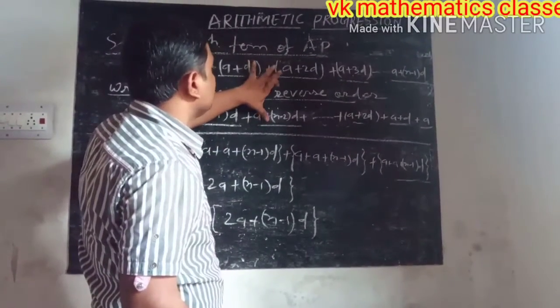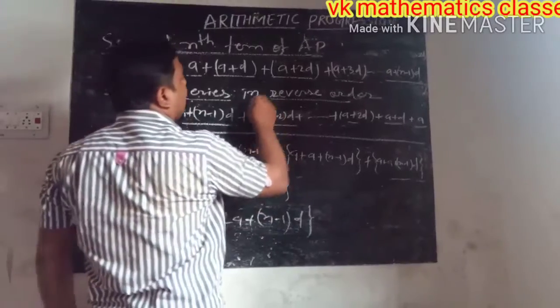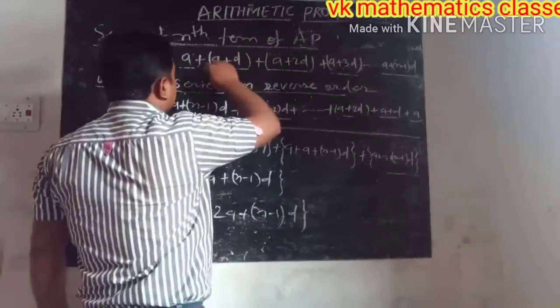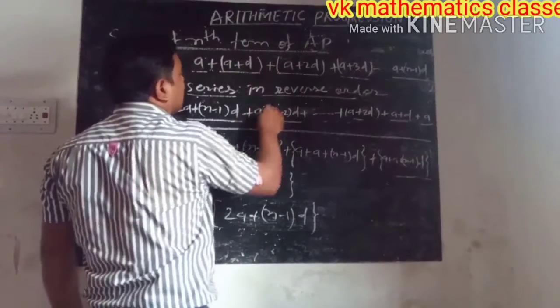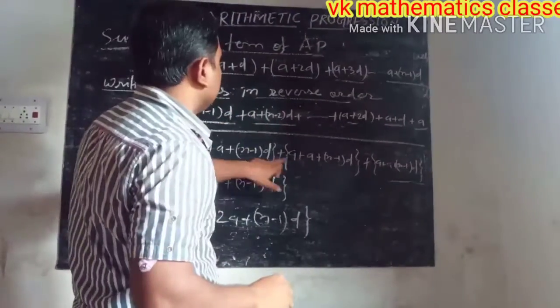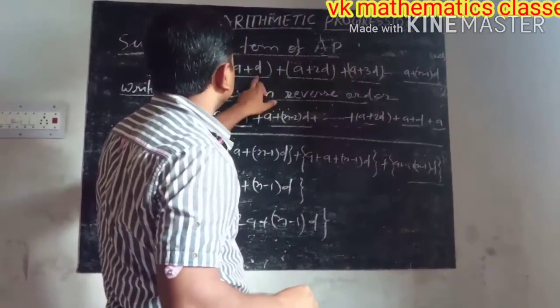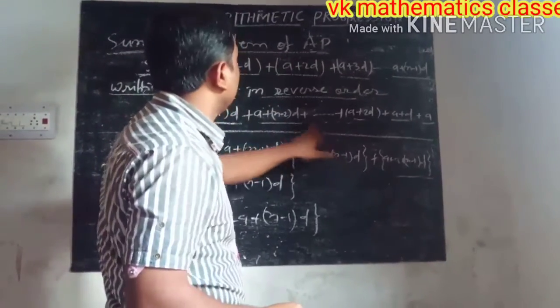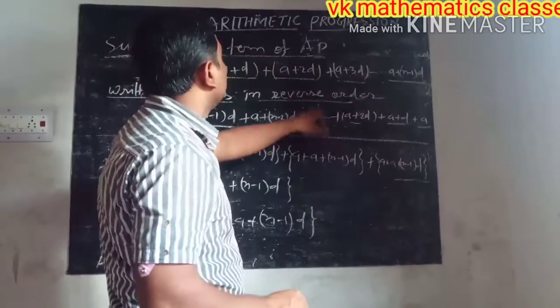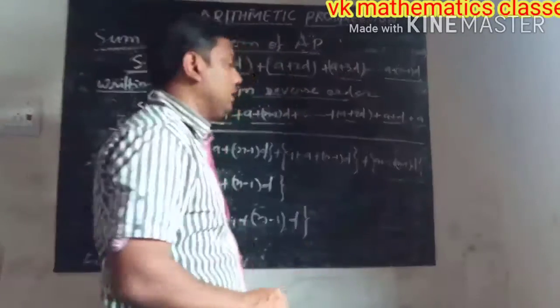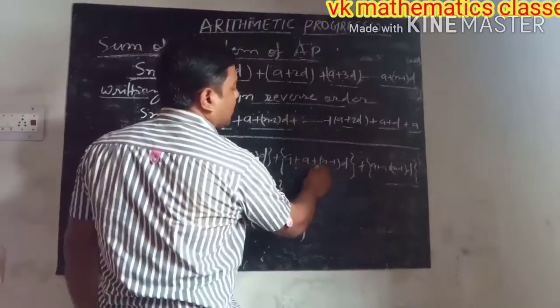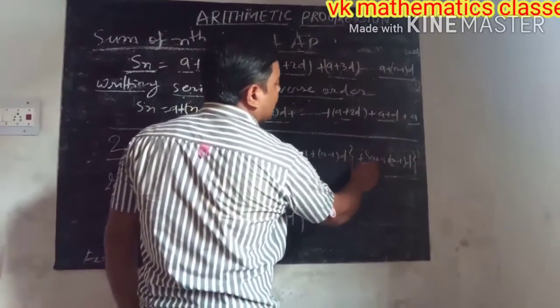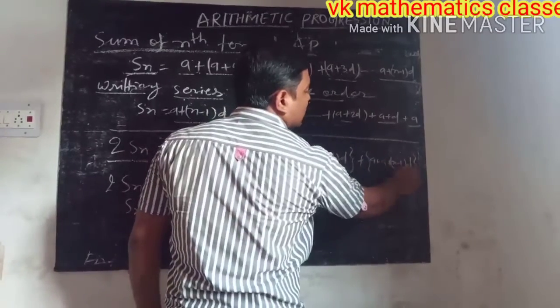Add these two terms. We find a, first term here, second term a plus n minus 2 plus 1, n minus 1 into d. Third term also we write here a plus n minus 1 into d, and so on.